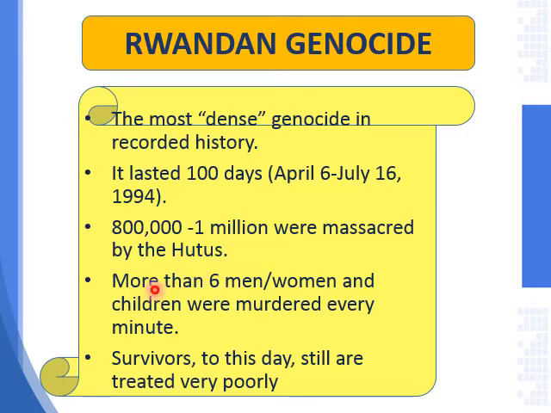It is estimated that more than 6 men, women, and children were murdered every minute of every hour of every day. This efficiency was maintained for more than 3 months. Survivors to this day still are treated very poorly.